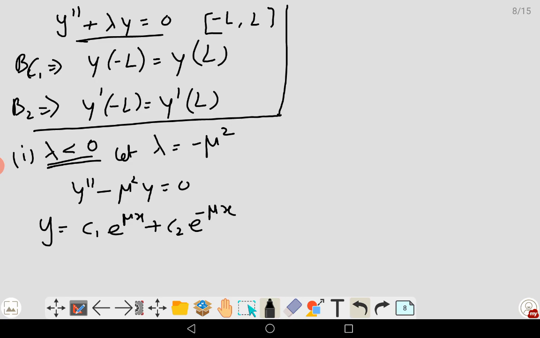Now we need to find y of L and y of minus L, and equate them.